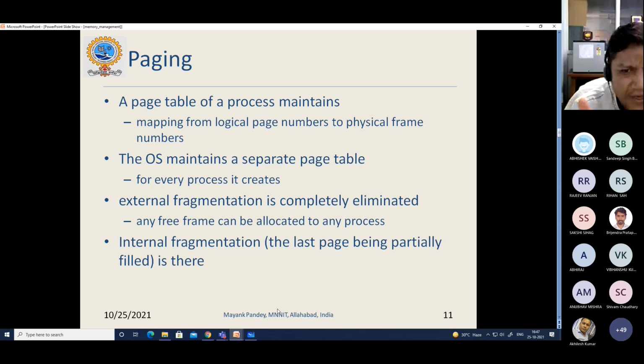Using this, external fragmentation is completely eliminated because any free frame can be allocated to any process. Internal fragmentation is going to be there because the last page of a process may not completely fill the page size. So the last page is partially filled, and a little bit of internal fragmentation is there.